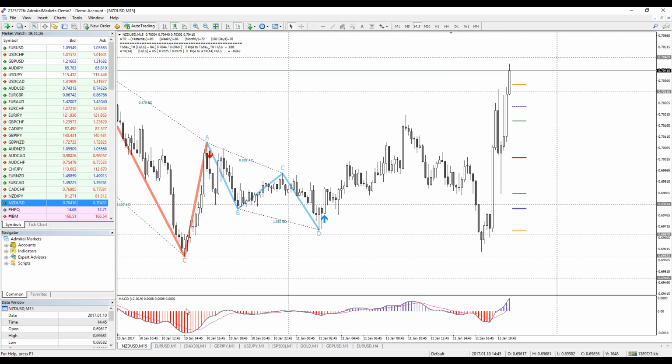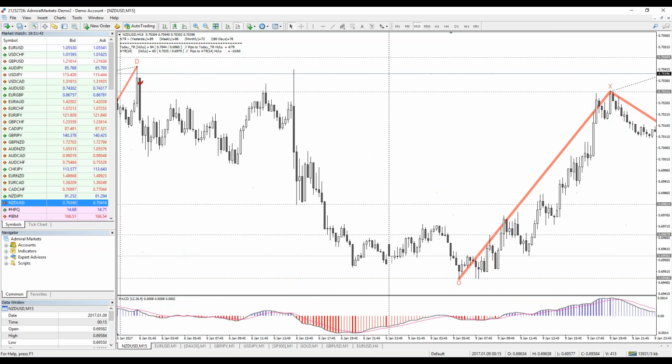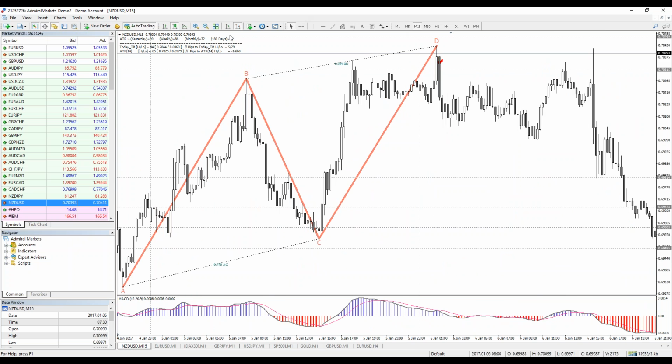So you see now the logic. You need to assess every single time the validity of each signal. An indicator is there to help you to assess it, guys. Okay? And rules for 5-0. Let's see if we have a 5-0 pattern somewhere.